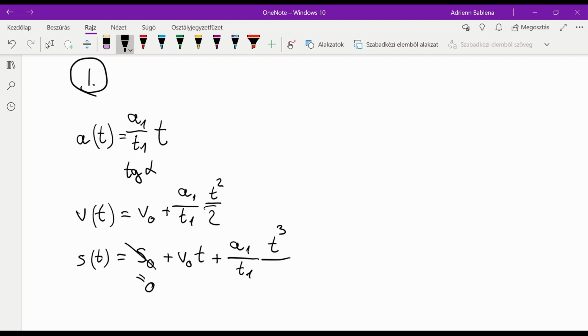We have the 2 over 2, and the integral of t squared is t to the third over 3.